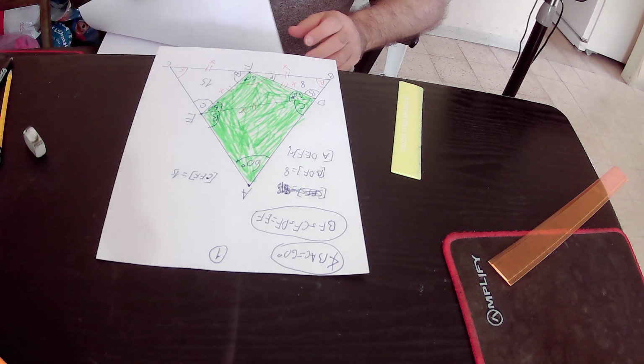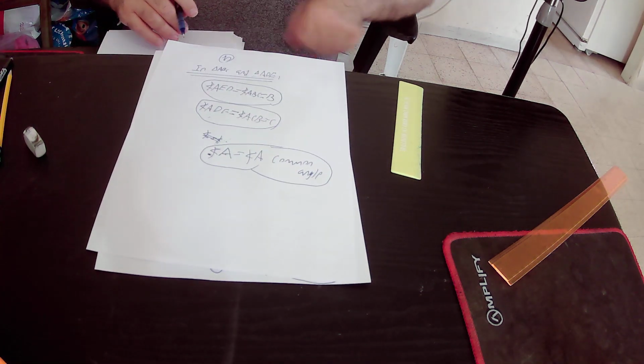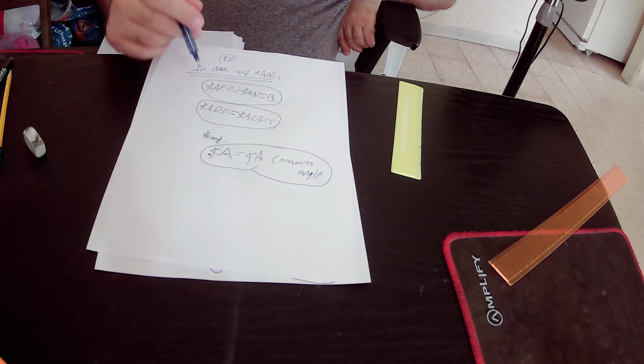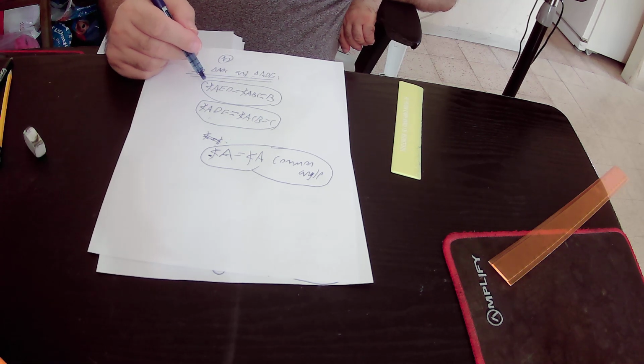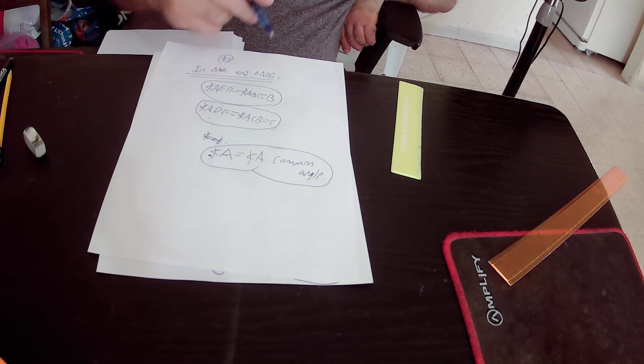So, we actually proved that all the three angles of the small triangle ADE are congruent to all the three angles of triangle ABC.